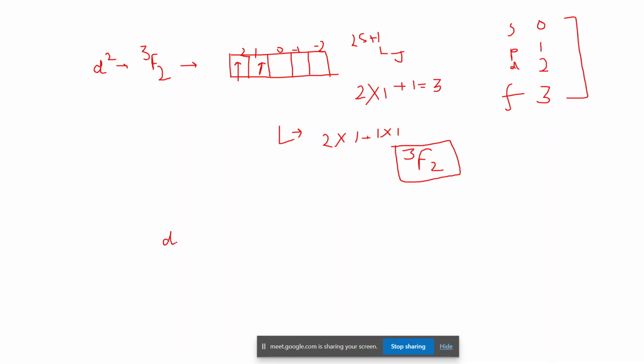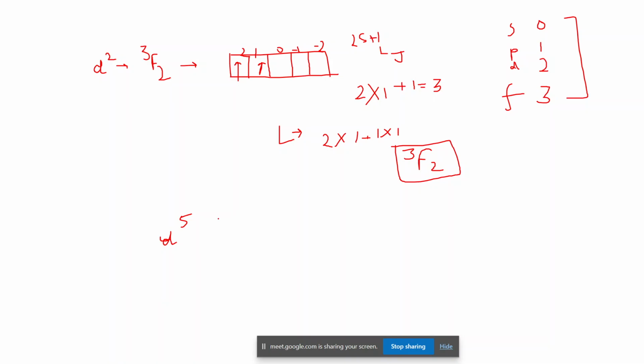Now just tell me for the d5 system. d5: 6S 5/2.